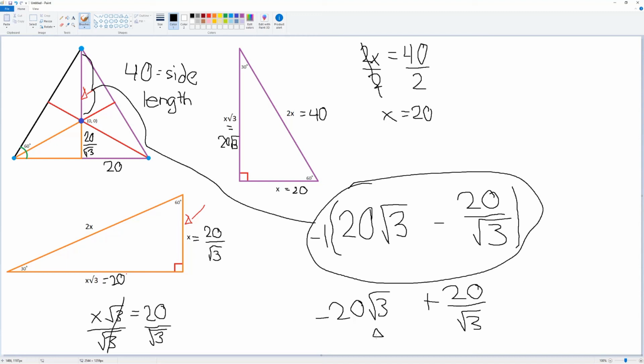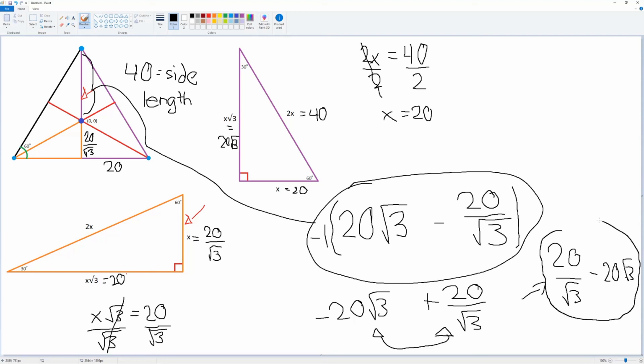Or I could just flip these around because of the commutative property of addition and make this 20 divided by the square root of 3 minus 20 times the square root of 3, which I think is what I'm going to do. Commutative property. Everyone loves it. All right, so I'm going to put this in.